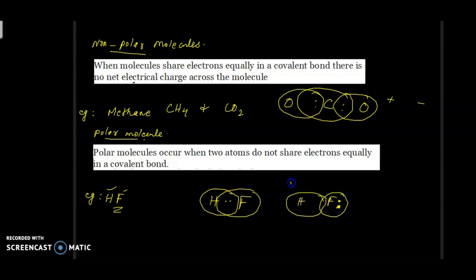That means the hydrogen will possess a small positive charge and fluorine will possess a small negative charge. Equal and opposite charges are separated by a very small distance. So this is a dipole. These are the classification of dielectric materials. Some of the dielectric materials are non-polar and some are polar molecules. So this is the end of topic 2.